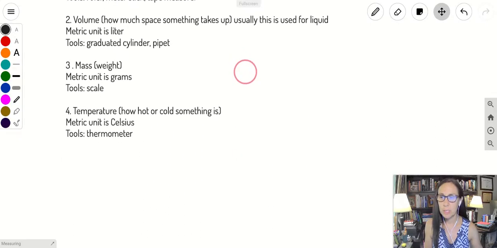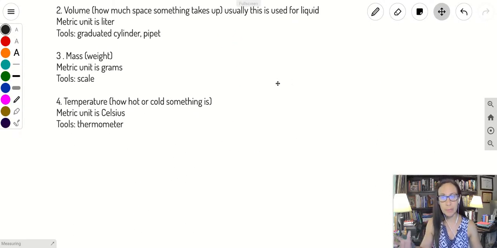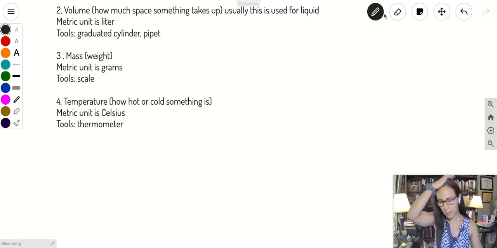The next thing that I want to talk about is converting between different units. This is a very important skill to have, because if you are talking about money, you wouldn't say, oh, I have $0.1, because that's awkward. You would say, I have 10 cents. It's the same with all measurements.